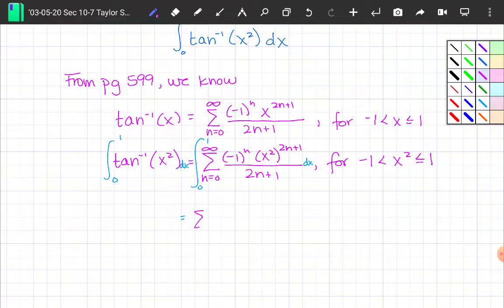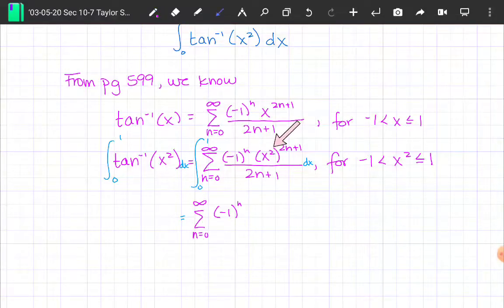We're going to have the integral of the summation as n goes from 0 to infinity of -1 to the nth. And then I'm going to do a little thing here with this part. If I rewrite it, that would be x to the 4n plus 2.